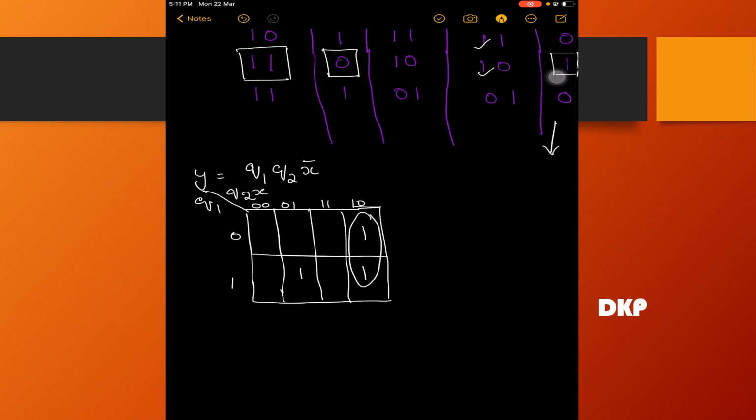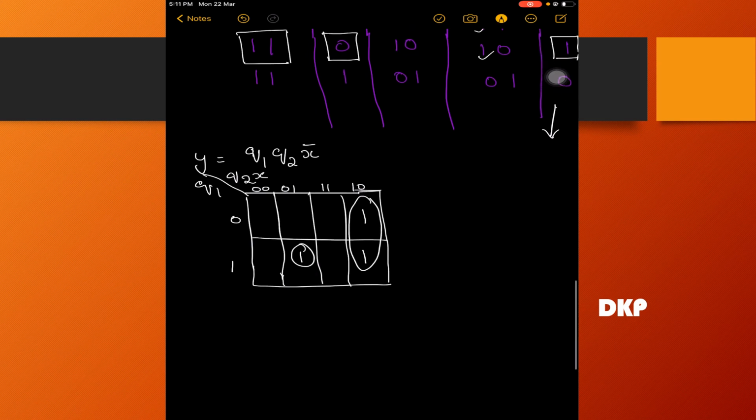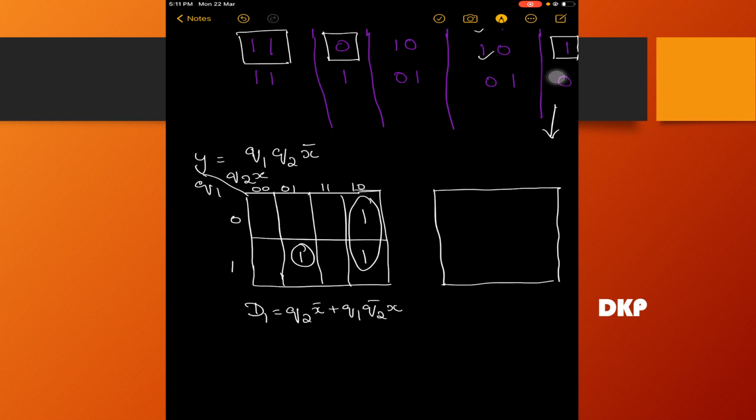Now, group this. You will get the expression as D1 is equal to Q2 x bar plus Q1 Q2 bar x. Similarly, you have to draw a K-map for D2. Plot the K-map for D2.